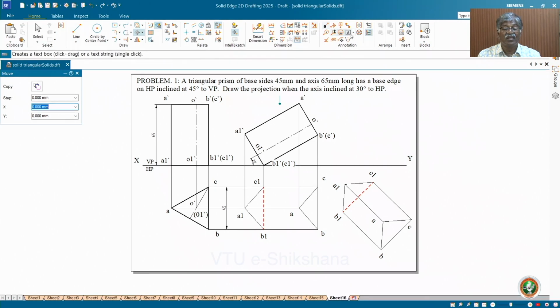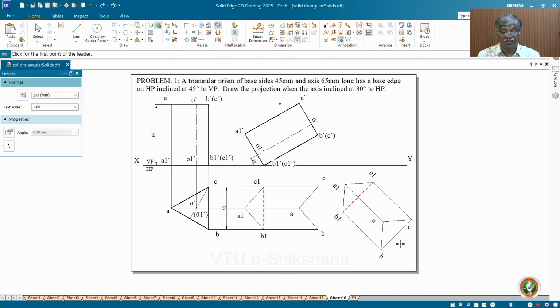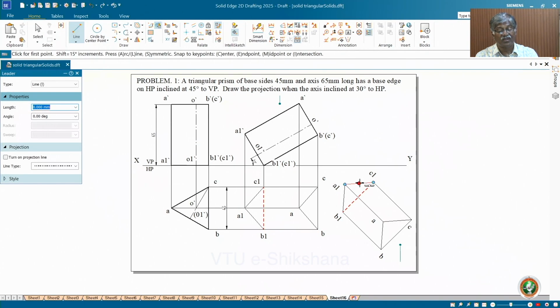Which is the farthest point from you? See, C and A are very close. How do you identify which one is farthest? You draw a horizontal line through C and A.